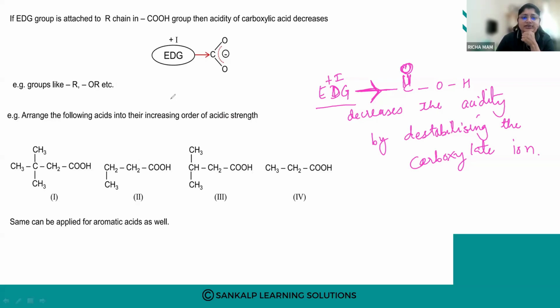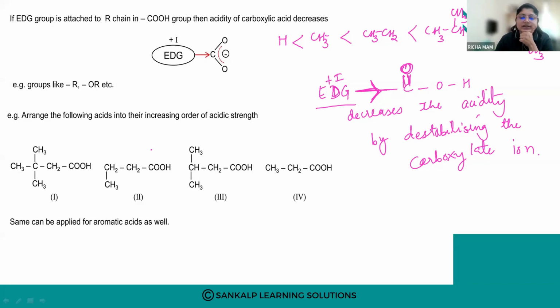So you can see here, whatever the negative charge is there, this is showing you plus R effect. So which are the electron donating groups? Write this out: hydrogen is less than methyl group, is less than ethyl group, then your isopropyl group, then your tertiary butyl group.